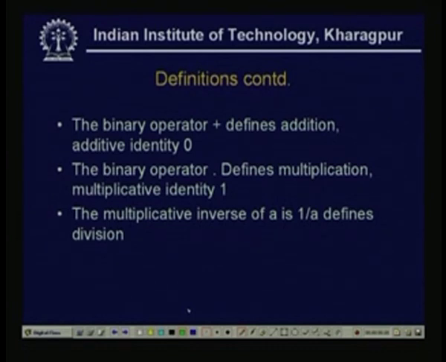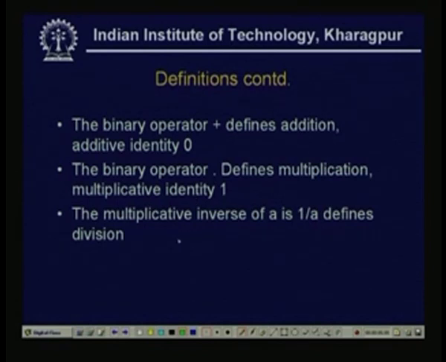So, if we take the two operators plus and dot on the set S, then we can summarize that with respect to our identity elements: if the binary operator is plus, which defines addition, then the additive identity is 0, and if we take dot as the operator which defines multiplication, then the multiplicative identity is 1.